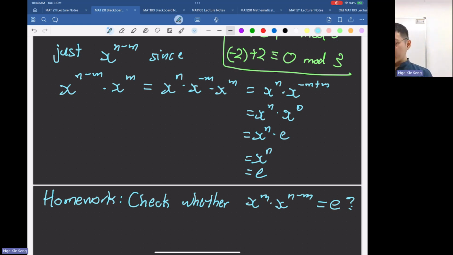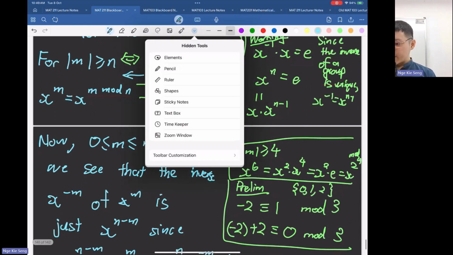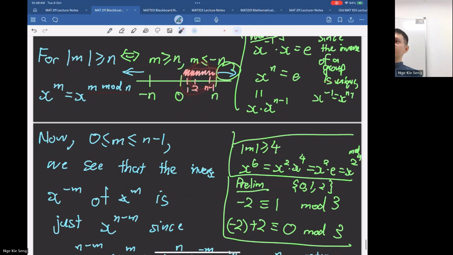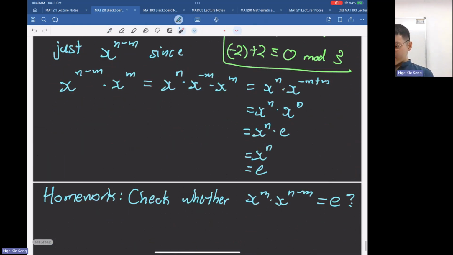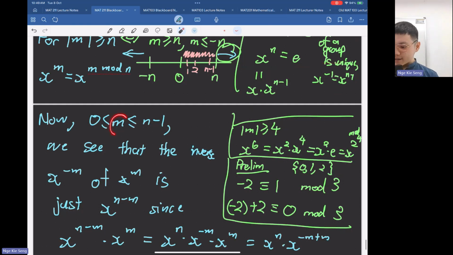So we reduce all the cases to this red region here. Because m is less than n minus 1, n minus m should be inside the region.